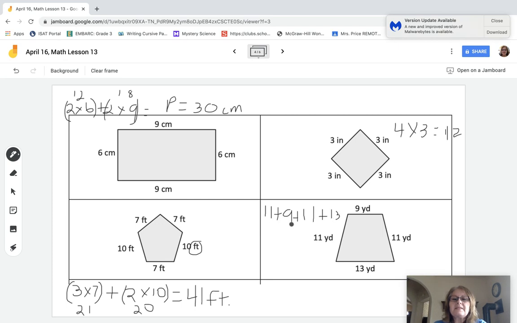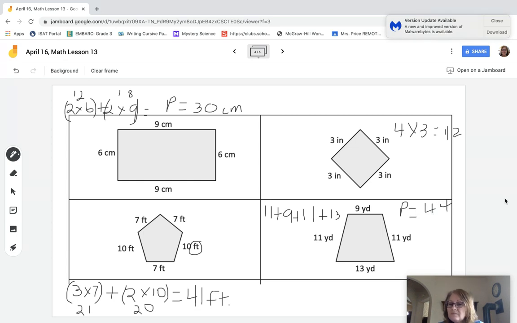So 11 plus 9 would be 20, plus 11 more would be 31, plus 13 would be 44. So perimeter on this one equals 44.